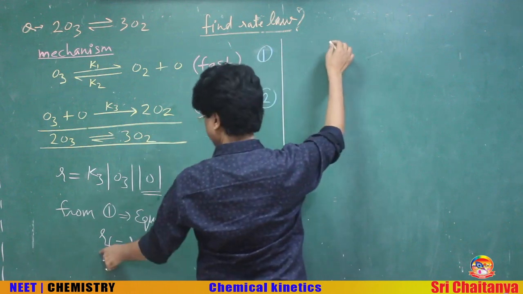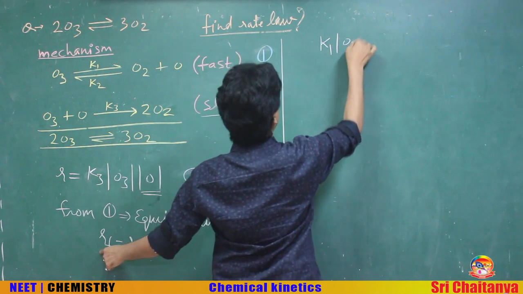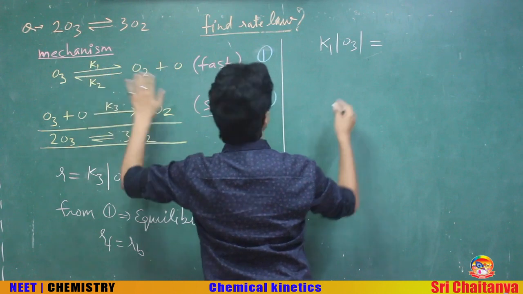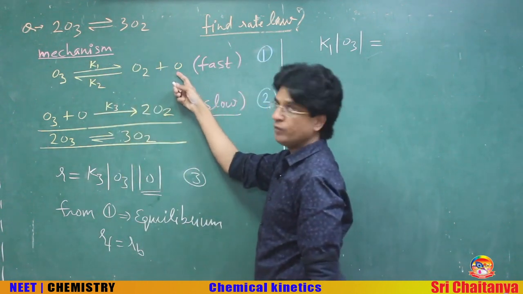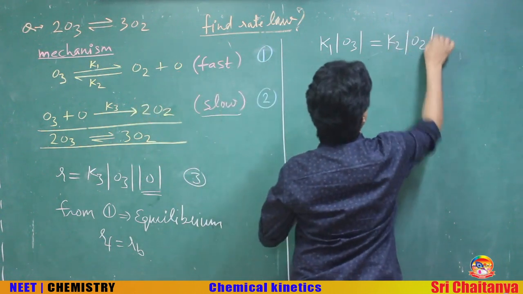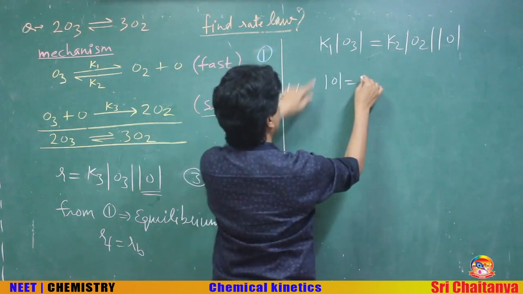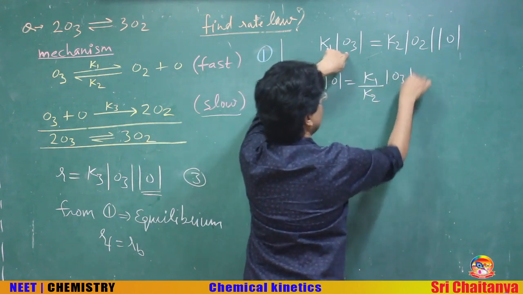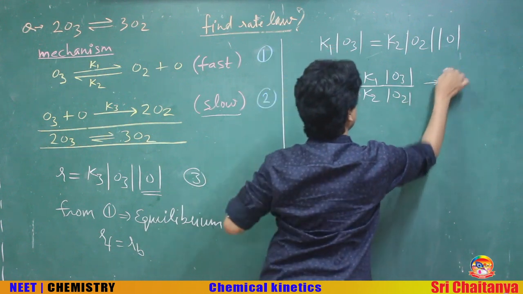So I can write rate of forward reaction will be K1 [O3], which should be equal to the backward reaction, since this is an equilibrium. The backward reaction will depend on the concentration of O2, the concentration of O, and K2. So this will be K2 [O2][O]. So from here I can say that [O] will be K1 upon K2 into [O3] upon [O2]. So this is my fourth equation.